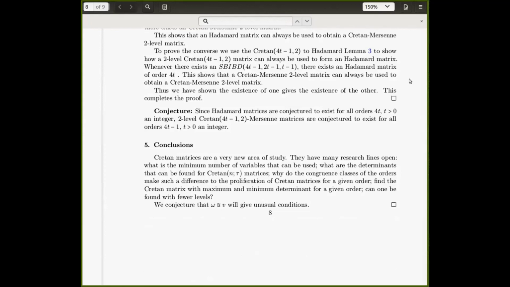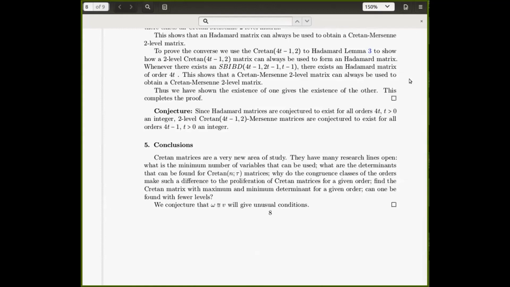Now, there's quite a lot of questions we need to ask. We're in a very new area of study because those that have been found in the past have always been found by a numerical algorithm and searching on a computer. What we need to know is, what is the minimum number of variables that can be used? Well, obviously 2, it looks like 2.